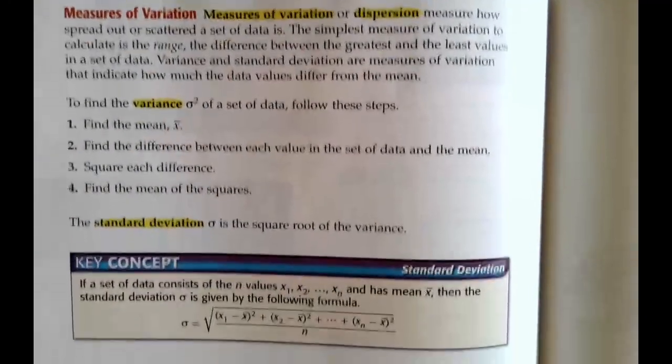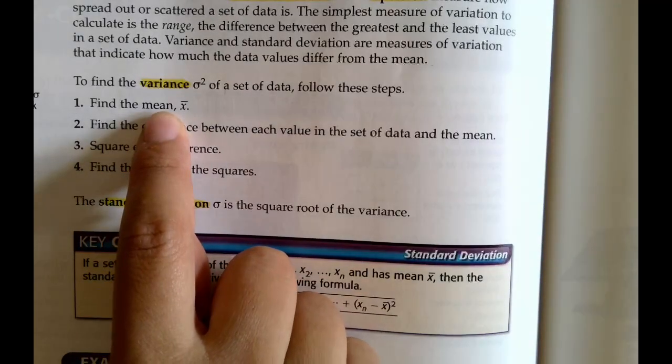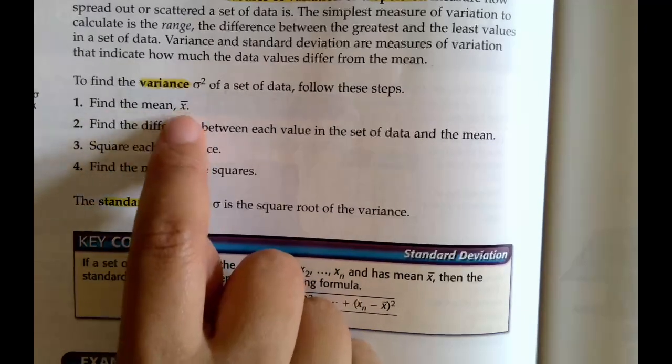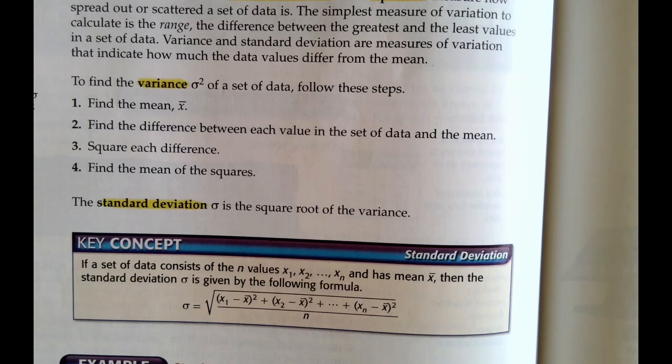Okay? You follow these steps. First, you need to find the mean, the average, right? Which is to add up all the numbers and then divide by the amount of numbers you have. It's represented by this X with a bar over it. Okay? And then what you're going to do is you're going to find the difference between each value in the set of data and the mean, right?